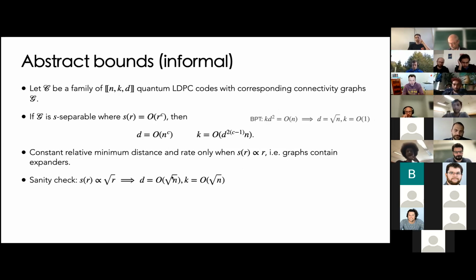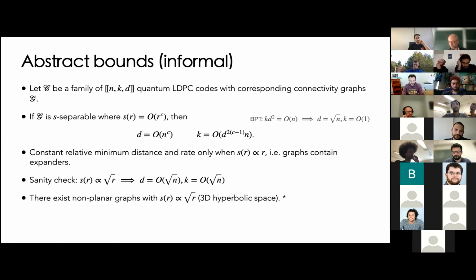Part of the reason for this is that planar graphs are not the only graphs with separators of size square root of r. You might have highly non-local graphs for which the separator also scales as square root of r. And it may be entirely possible for such codes to have a number of logical qubits that scales with the square root of the block size.